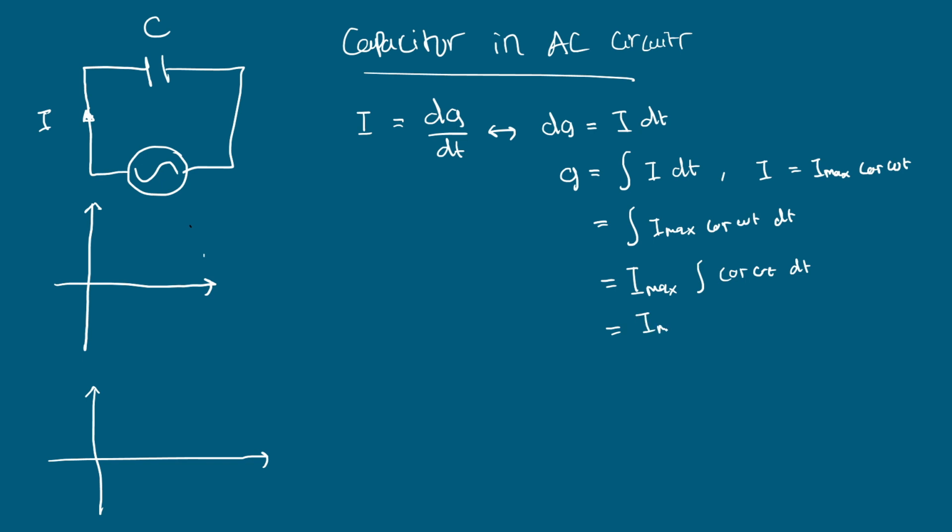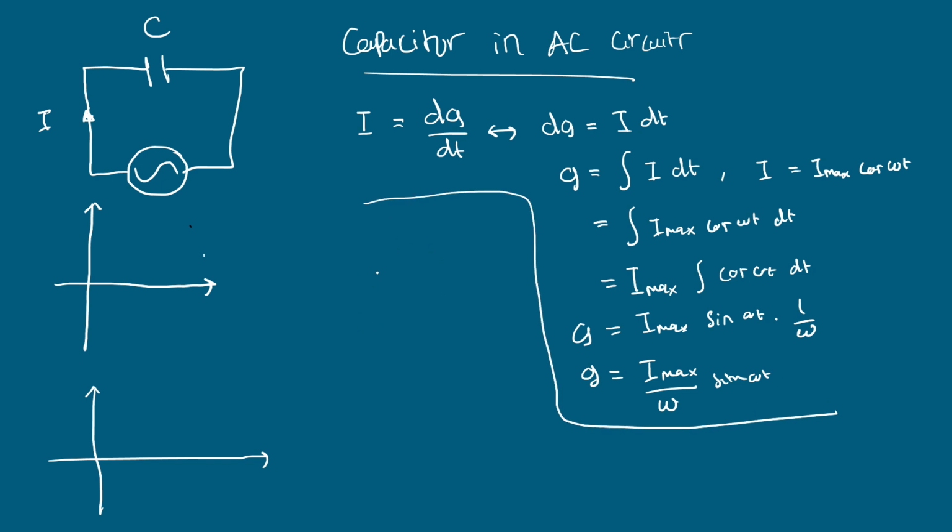Then this will be equal to sine omega t times 1 per omega, because this is an integral. So this is actually the Q. We can restructure it, then we have I max divided by omega, sine omega t.